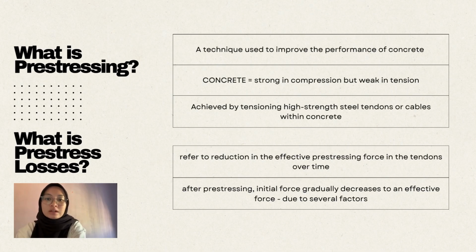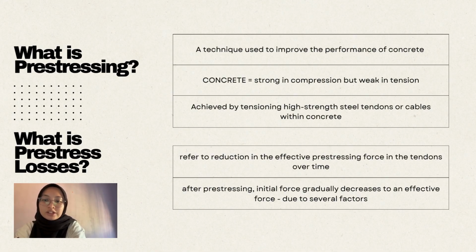So, firstly, what is pre-stressing? Pre-stressing is a technique used to improve the performance of concrete by introducing internal compressive stresses before it carries any external load. Since concrete is strong in compression but weak in tension, pre-stressing helps to counteract the tensile stresses that occur under the service load.